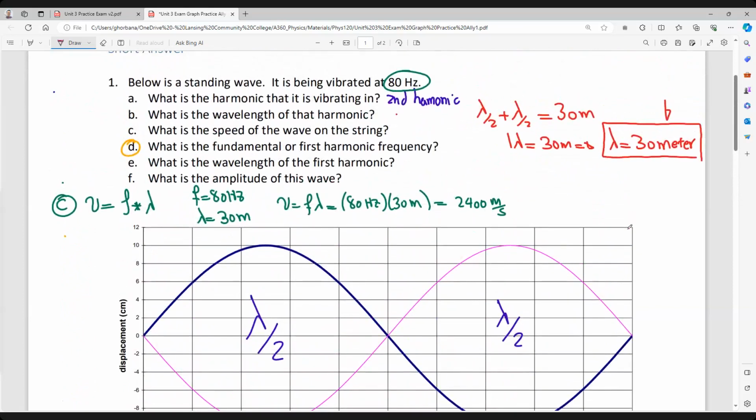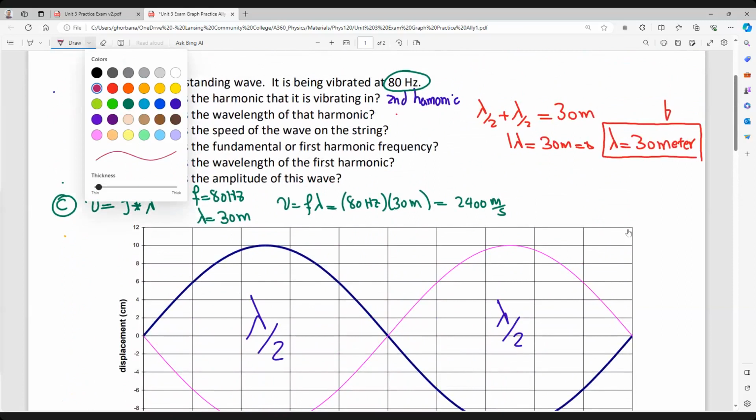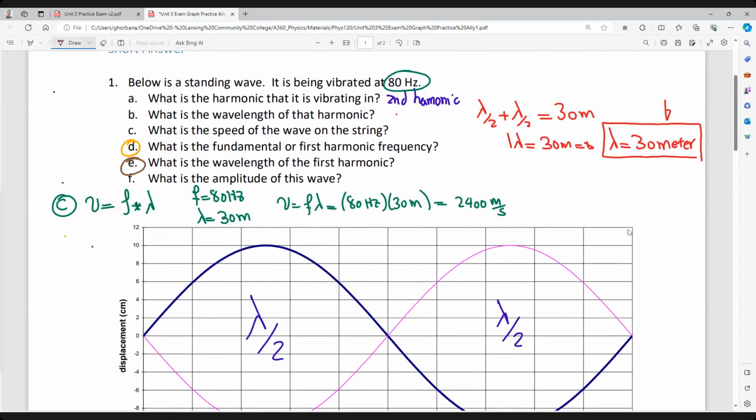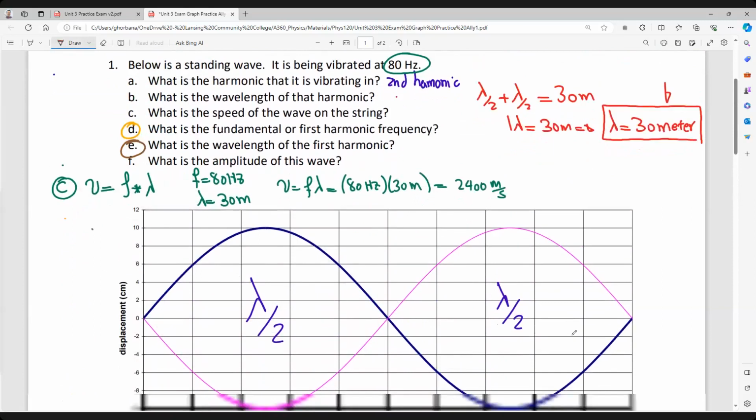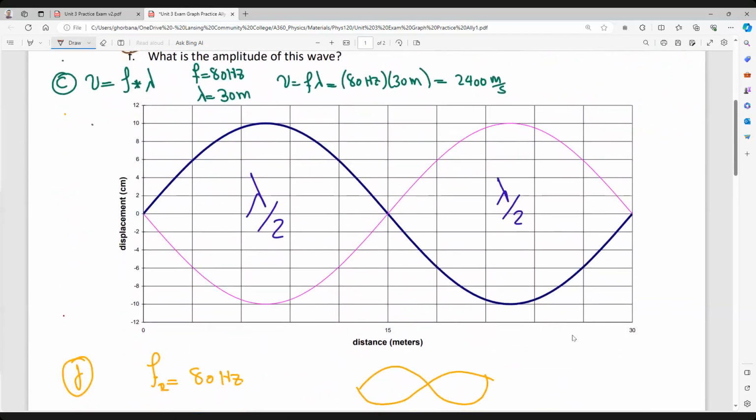Let's do part E. I want to use a different color again. Now I use the gray. What is the wavelength of the first harmonic? Good question. In the first harmonic, how many loops will we have? One.